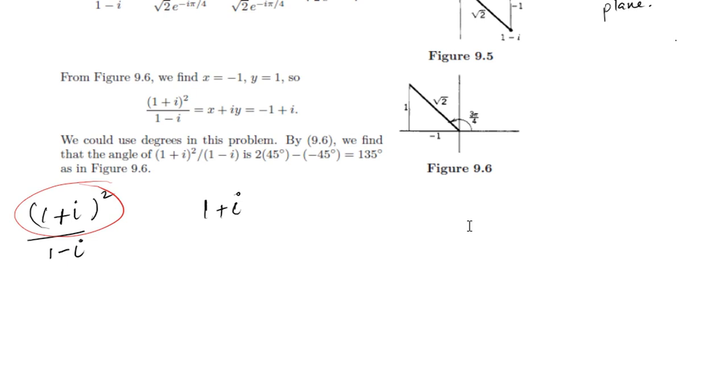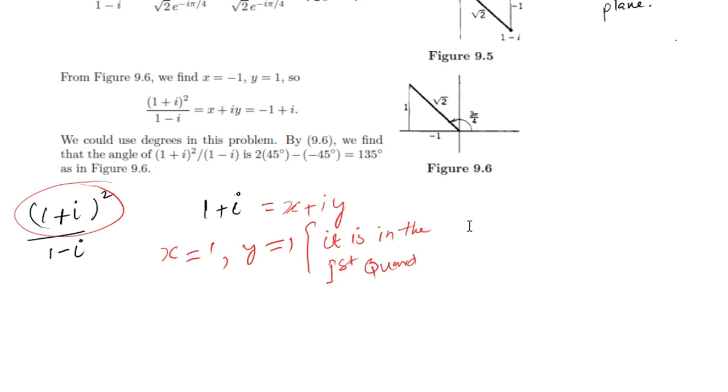If you equate it with x plus iota y, you see that in this case x is 1, y is 1. So that means this complex number is in the first quadrant, because both x and y are positive.